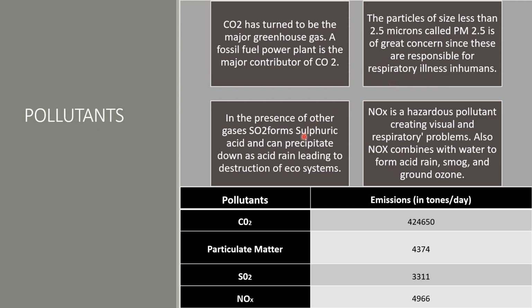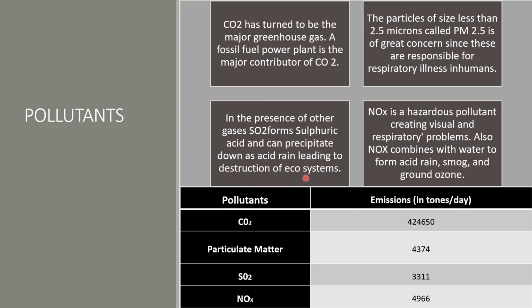SO2 forms different forms of sulfuric acid, and it can precipitate down as acid rain, leading to destruction of ecosystems. NOx are nitrogen oxide compounds, hazardous pollutants creating visual and respiratory problems.